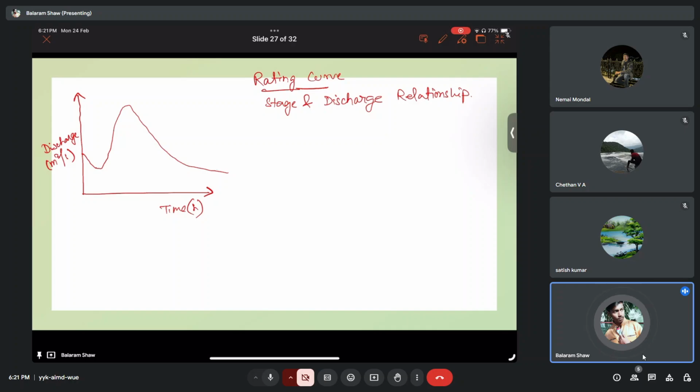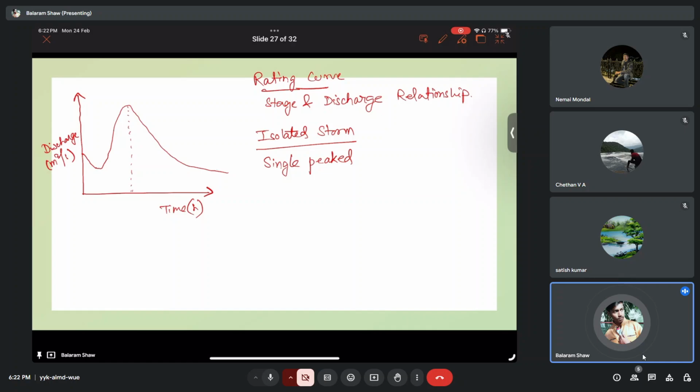Let's say there is one isolated storm, so only one event of rainfall is happening. In that case, how does this hydrograph look? It will be a single peaked curve. Here you can see there is only one peak. One more thing you can see is that on the left side the tail is small, and on the right hand side the tail is much longer.